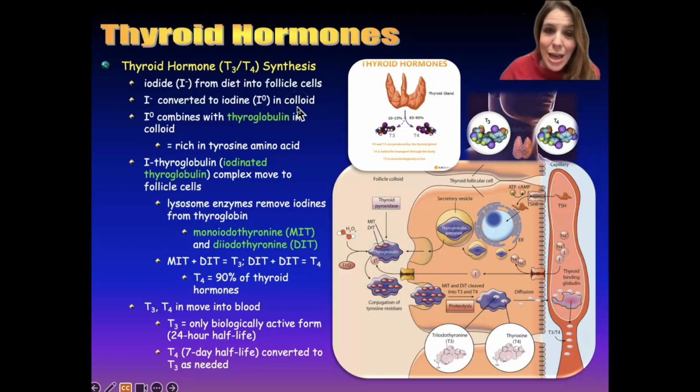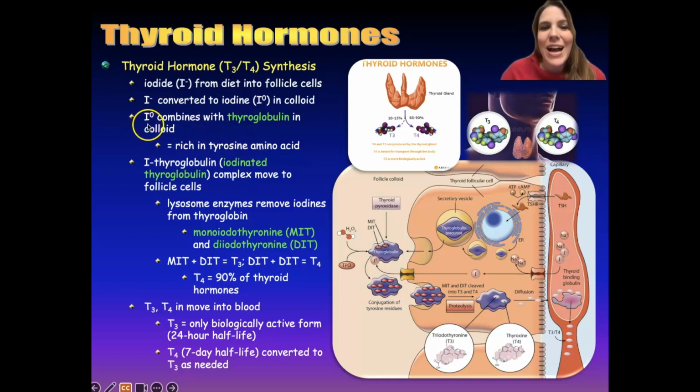But we're not done yet, because we have to actually be able to combine that iodine now with a protein called thyroglobulin in order for us to get to where we need to get that thyroid hormone created. So thyroglobulin is a big old protein. And so we're going to take that protein. It has a lot of tyrosine amino acids, if you remember that from your amino acid table.